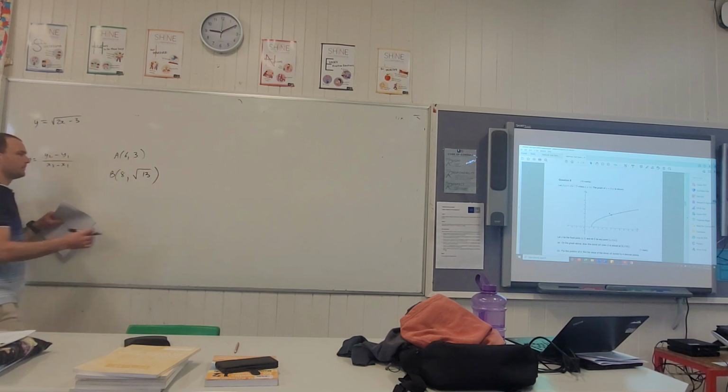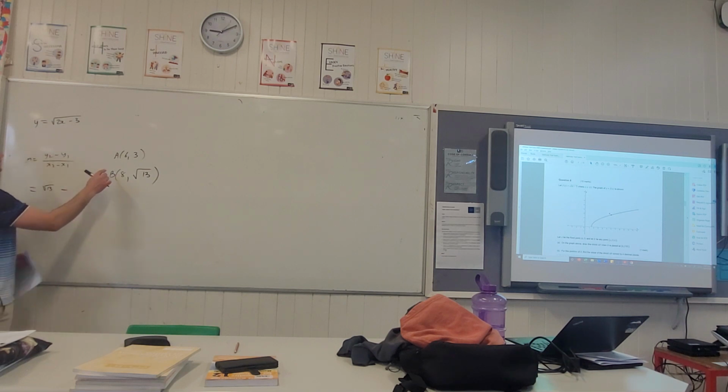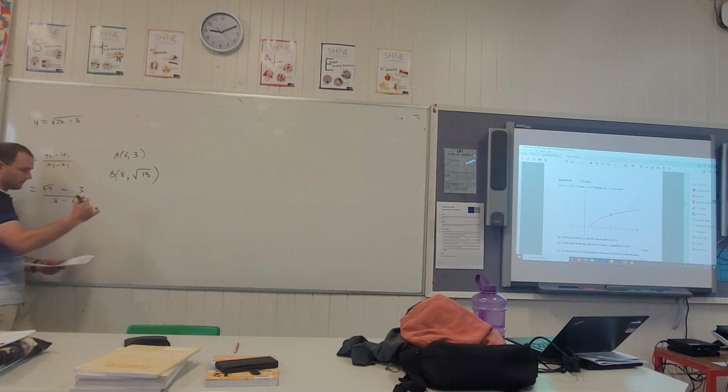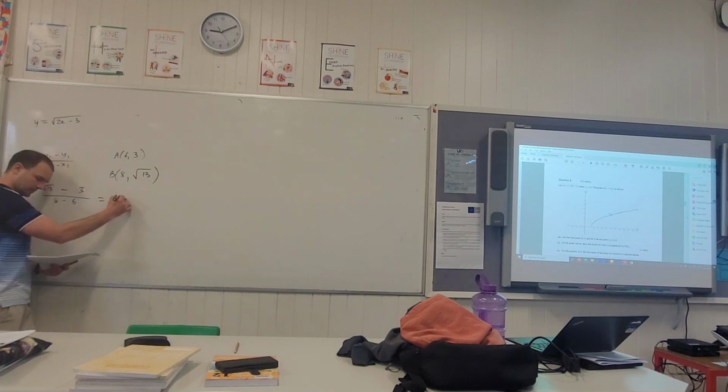So they're the coordinates of B, which means the slope is the square root of 13 take 3 on top of 8 take 6. So that's what they want you to evaluate, correct to 4 decimal places. So that's going to be 0.3028.